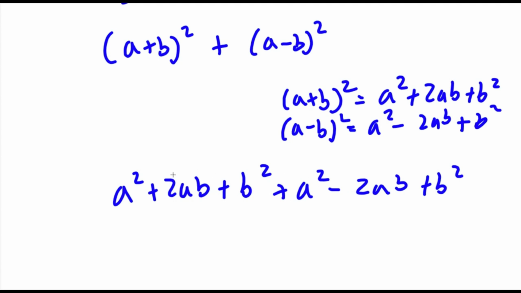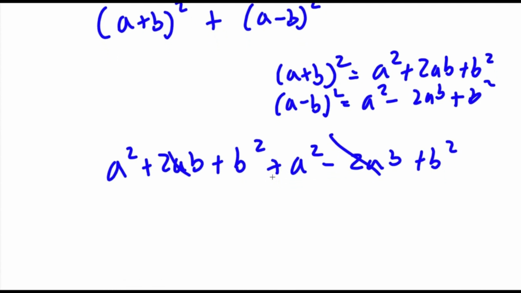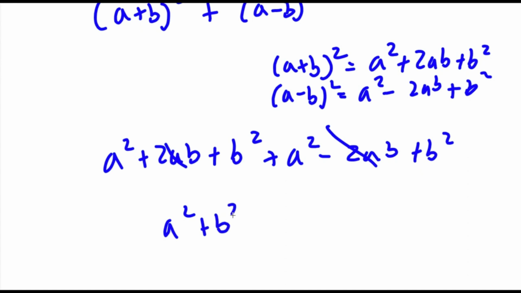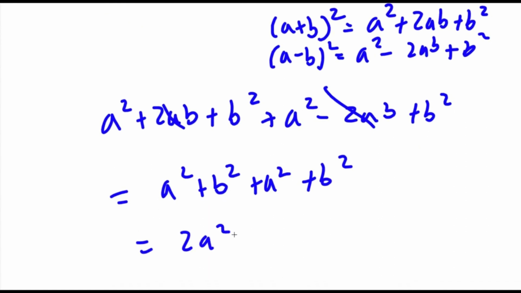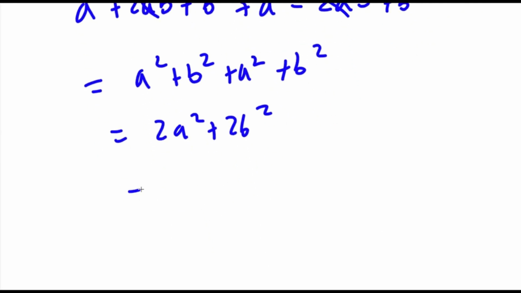So first off, these two will cancel out, and I'll be left with A squared plus B squared plus A squared plus B squared, which is equal to 2A squared plus 2B squared. Now if I factor out 2 from this, I get 2 times (A squared plus B squared).